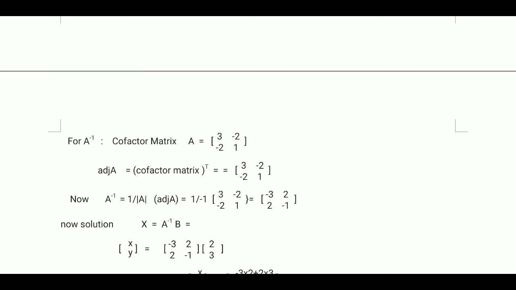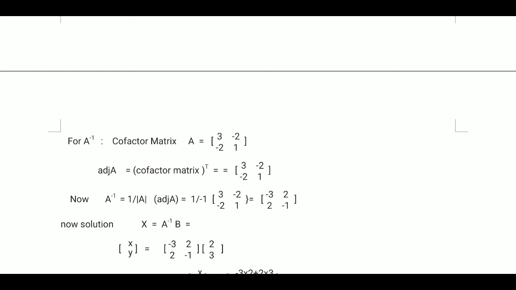First you write the cofactor matrix of A. It means each element of matrix A is replaced by its cofactor. So you get the cofactor matrix, and then we find the adjoint of the matrix. Adjoint of a matrix is obtained by transposing the cofactor matrix. You transpose the cofactor matrix, we get a matrix having elements 3, -2, -2, 1.